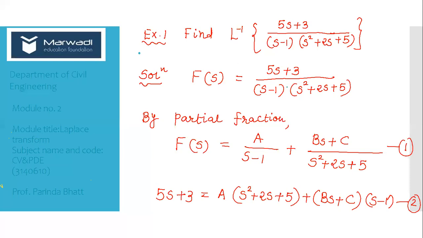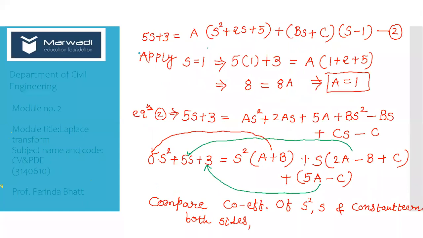Right? Write F of s in partial fractions, take the LCM. Now after taking the LCM, one value we get directly, and for the other values we open this bracket, equation number 2. Then how to arrange these terms? S square coefficient, s coefficient and constant term in separate brackets.